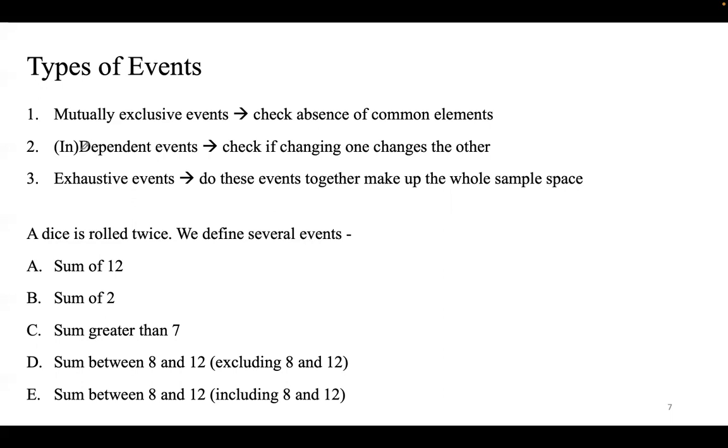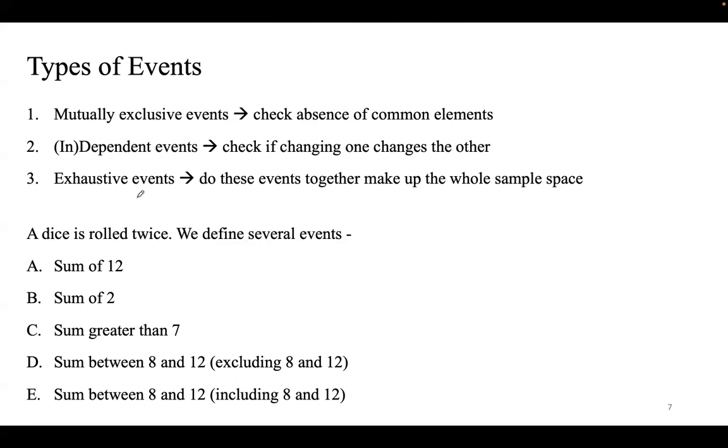When you're talking about independent events, if the event is not independent, it means it's dependent. Hence, I've written it in brackets like this. So this means: does one depend on the other? If you change one, does the other one also change? And exhaustive events means 2 or 3 or 4 events that together make up your whole sample space.